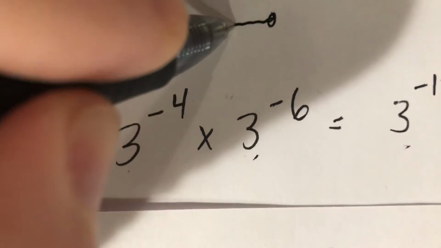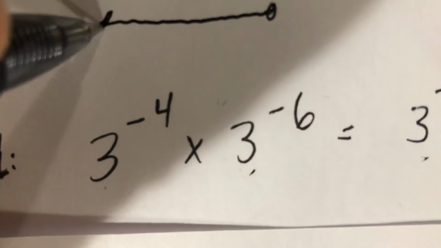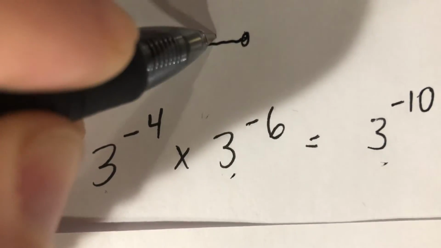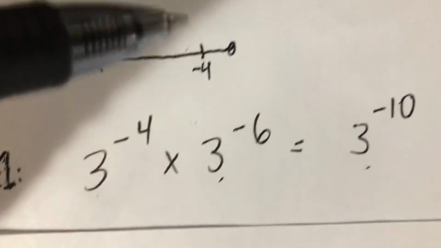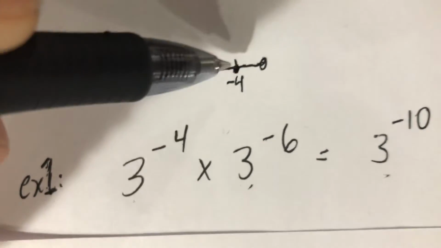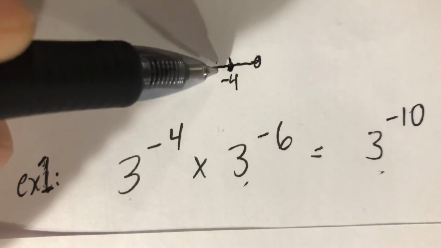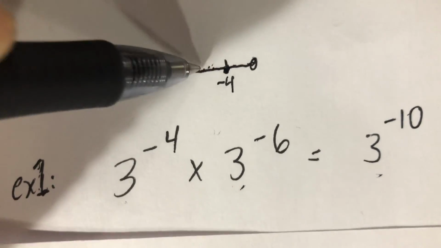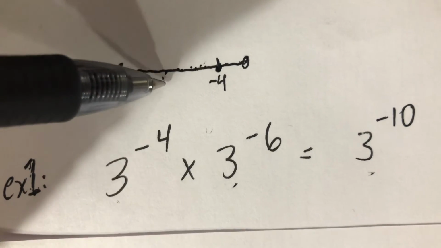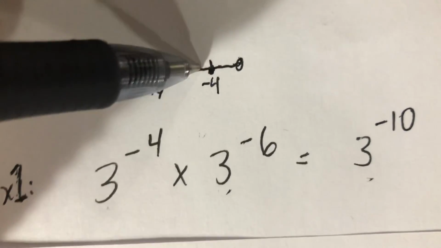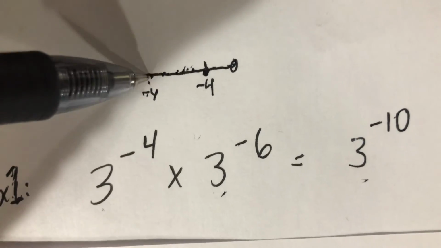If we have a number line and we're going in the negative direction, we have a negative 4, so I count over 1, 2, 3, 4, and then I count over 6 more, 1, 2, 3, 4, 5, 6. So 4, 5, 6, 7, 8, 9, 10.